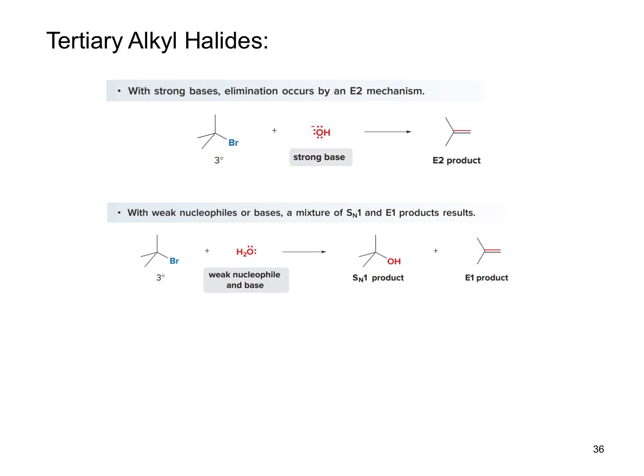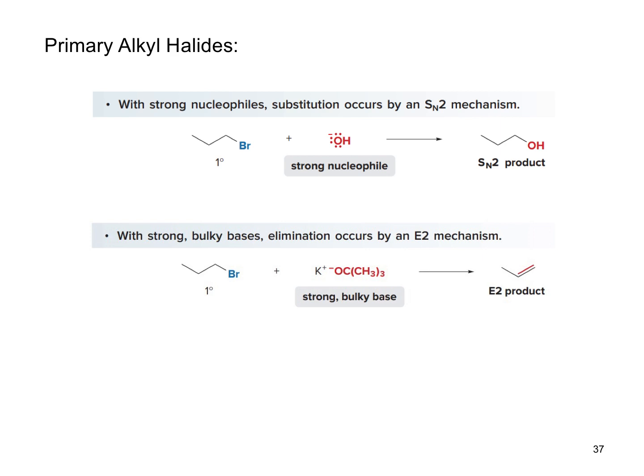of these 2 products. Now, with primary alkyl halides, right, with a strong nucleophile, substitution occurs by an SN2 mechanism. So we've got a strong nucleophile, it's primary, we're going to have an SN2 product. If you have a strong bulky base, elimination occurs via an E2 mechanism.